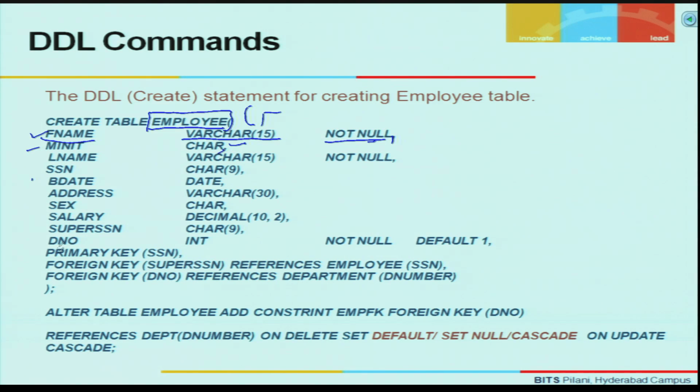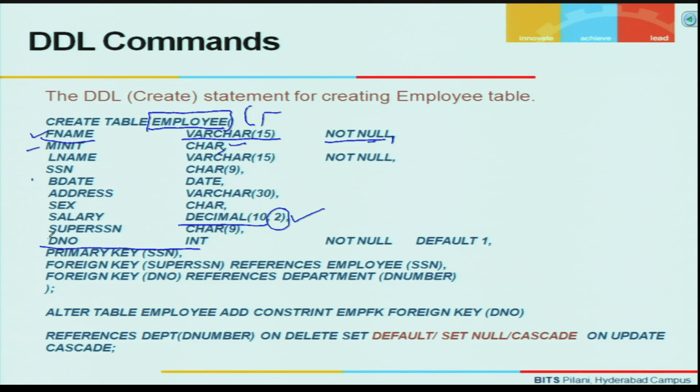I can specify all the attributes of the table employee or relation employee. If you carefully observe here, there is a type called decimal, which will go up to 10 digits. Out of the 10 digits, the last 2 digits are going to represent the fractional portion of the number.